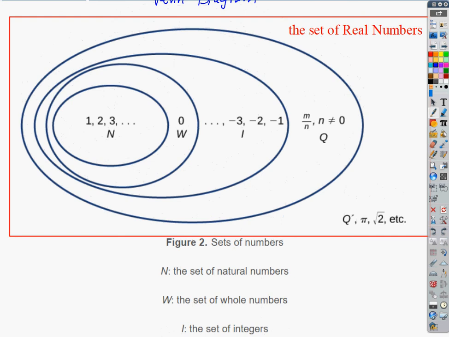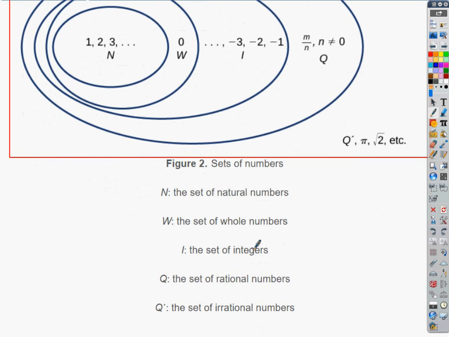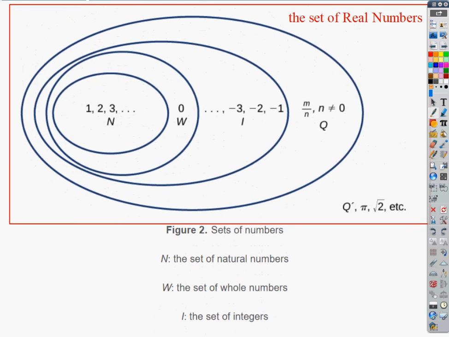Okay, what would the next subset be? Well, we could take a smaller piece of those rational numbers. All of the rational numbers that could be written with a 1 on the bottom are the integers, right? So we could call that subset I, which stands for integers. Inside that is a little bit smaller subset.